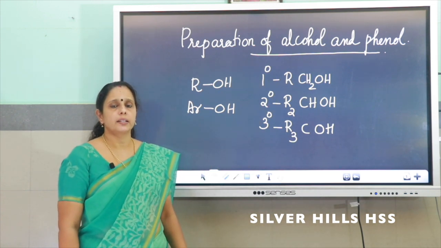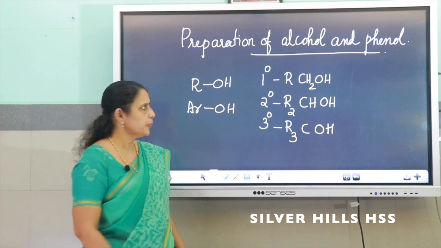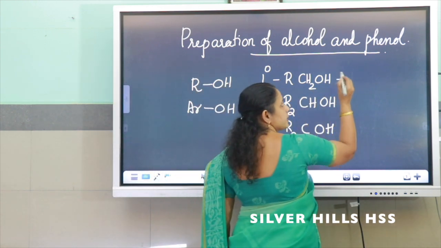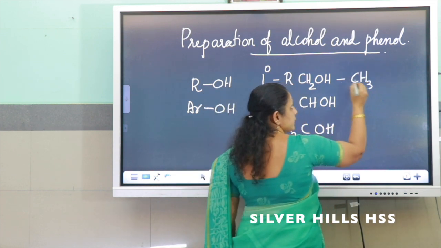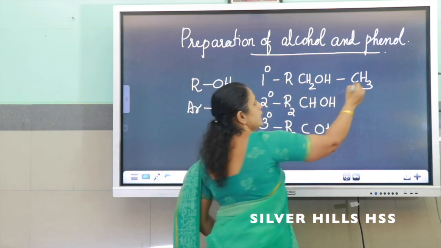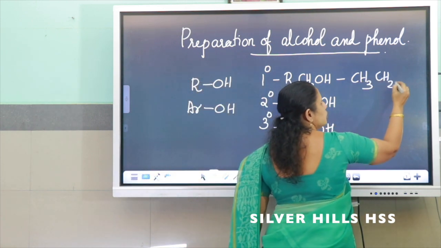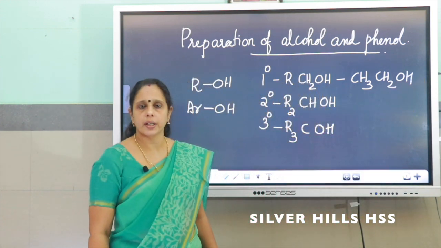If we take CH3 as the alkyl group, the examples are: R is taken as CH3. So, CH3CH2OH is an example of a primary alcohol.